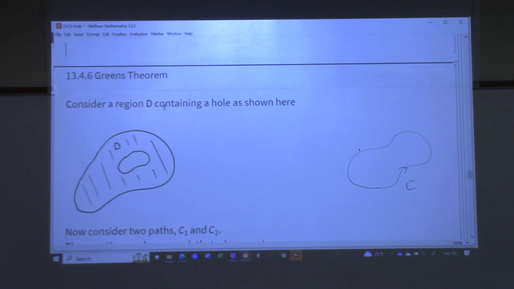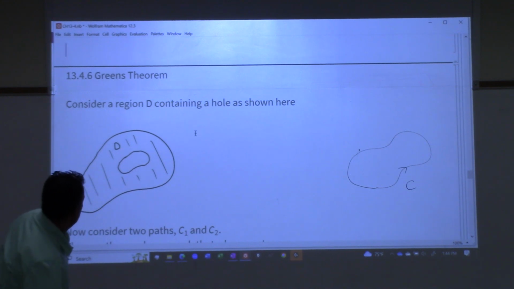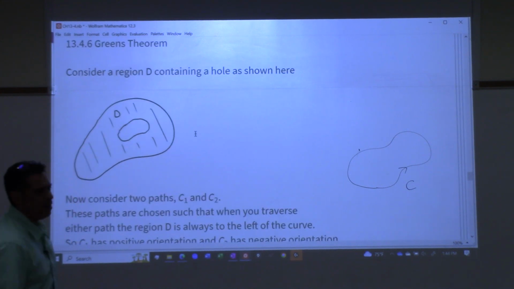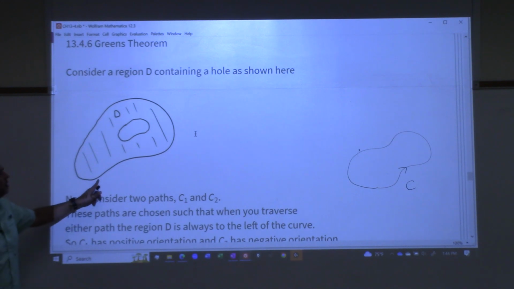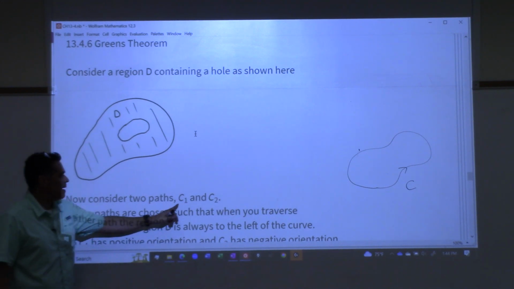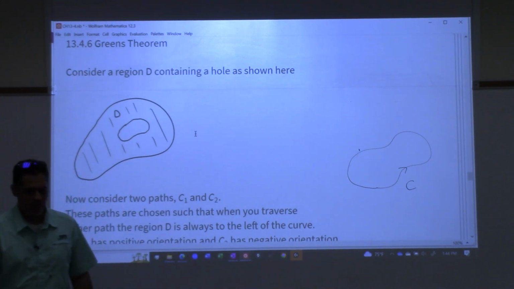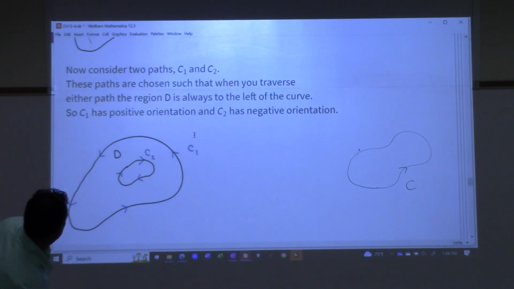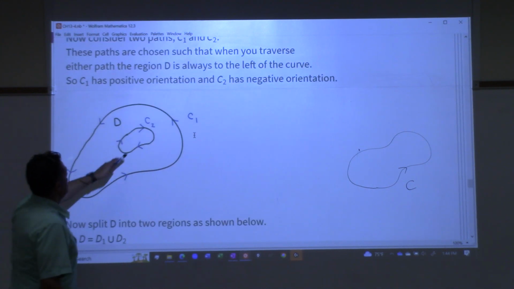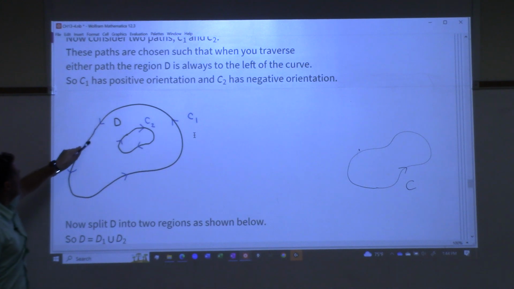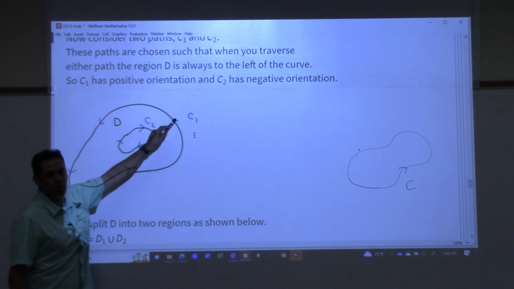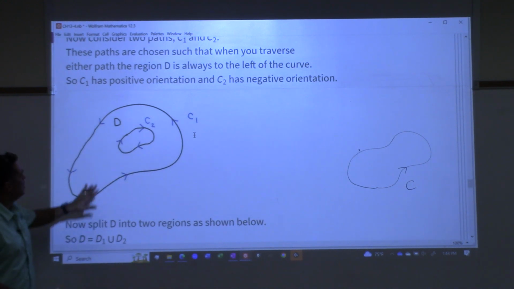Is it possible, right? So what I'd like for you to do is consider two different paths that I'm going to create, okay? I'm going to call one path C1 and the other one C2. C1 is going to go around, and that is going to be positive orientation, right?